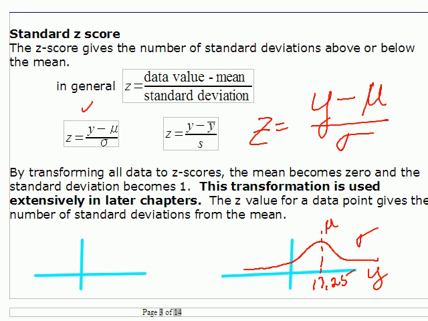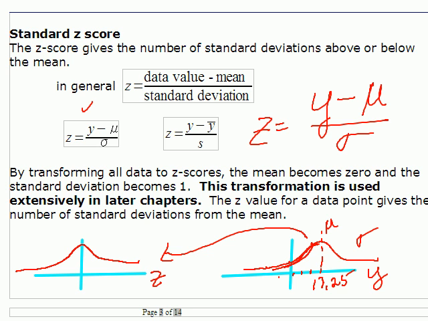When you take all of these data values along here, these are the counts, and you transfer them into the Z-scores, this graph turns into this.